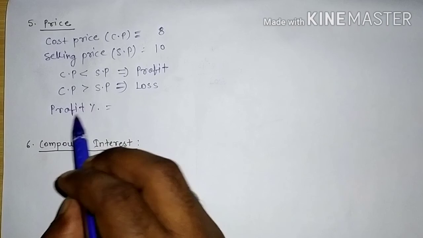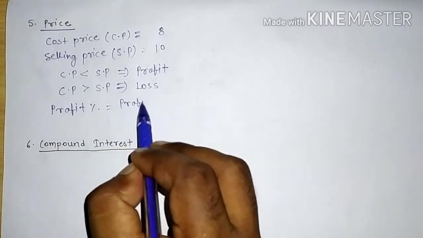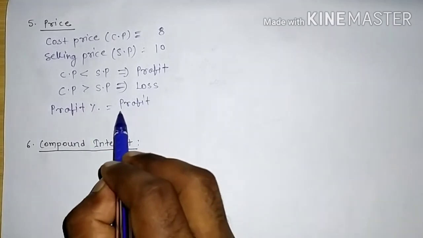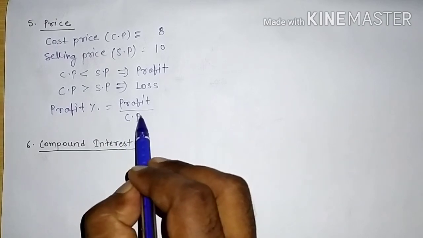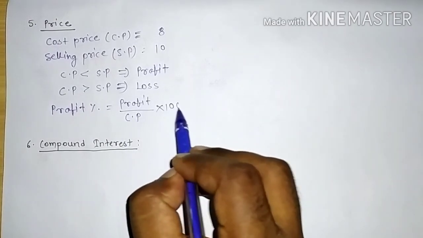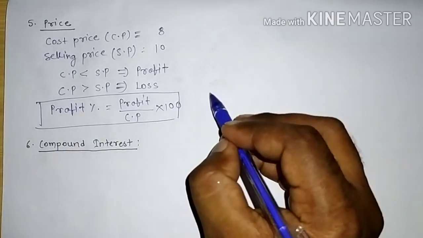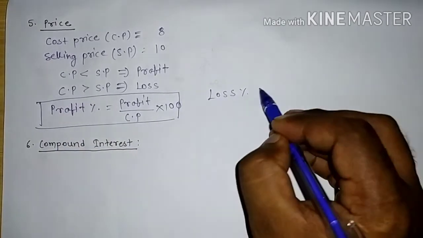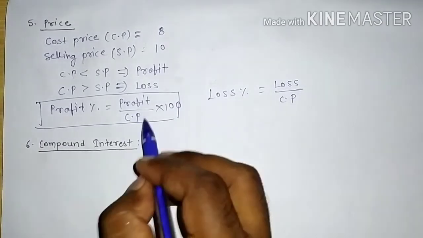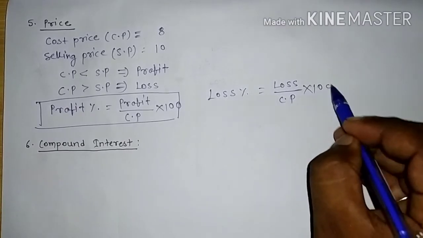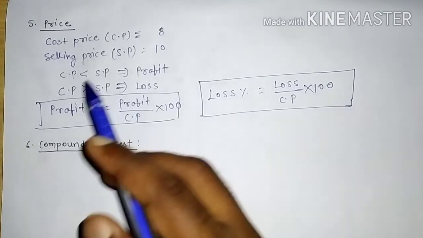Profit percent equals profit divided by the base, always CP, multiplied by 100. And loss percent equals loss divided by CP, always the same in both conditions, multiplied by 100. Now there are two formulas used in this topic.